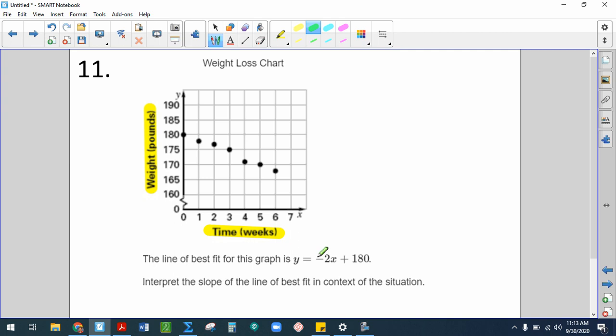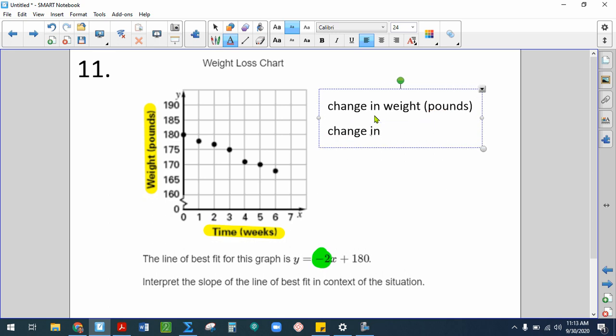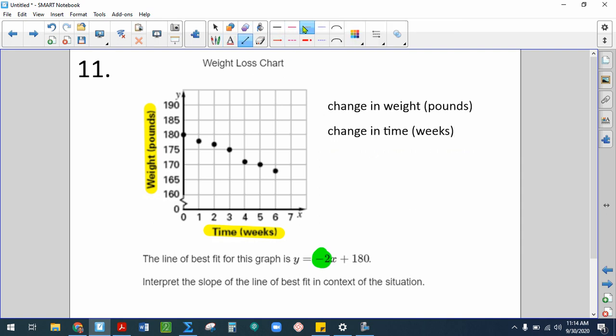So the slope is -2. And if we use our words, we're looking at a change in weight, pounds, compared to a change in time, weeks. That's going to be my slope, my rate of change.